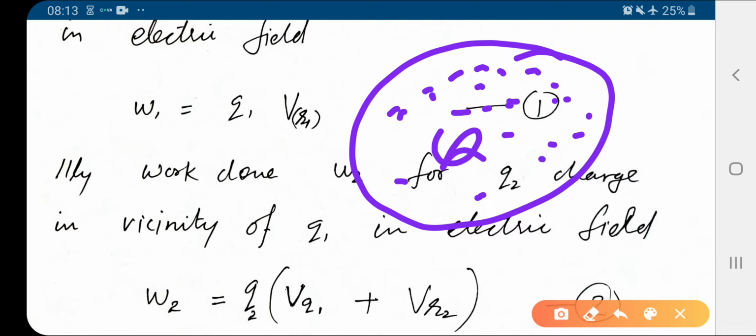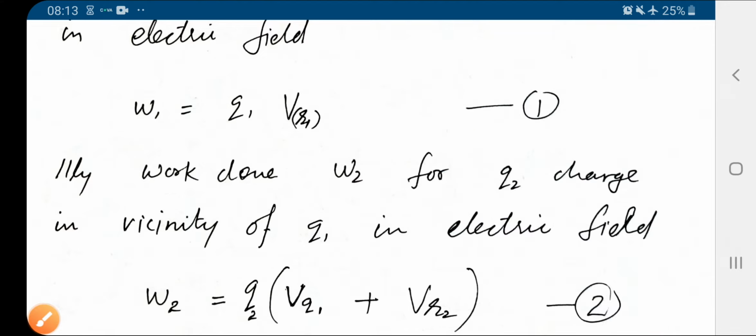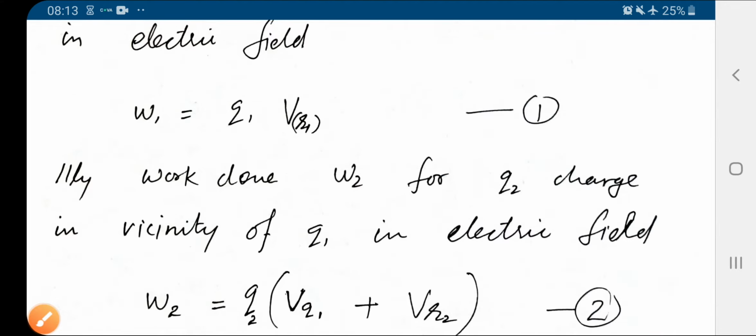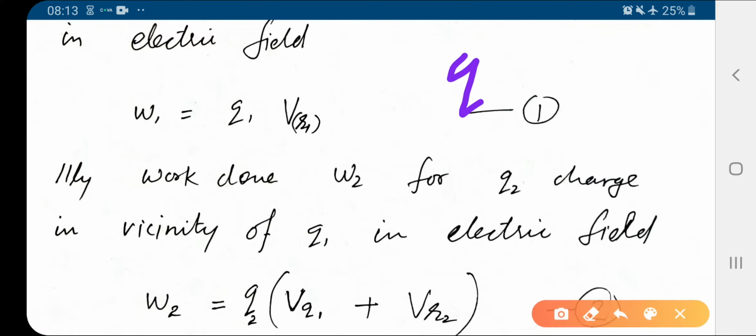At every point inside the electric field there must be an electrostatic potential. So if here is a Q1 charge, since we want to place Q1 charge in electric field, due to that electric field there must be the electrostatic potential.